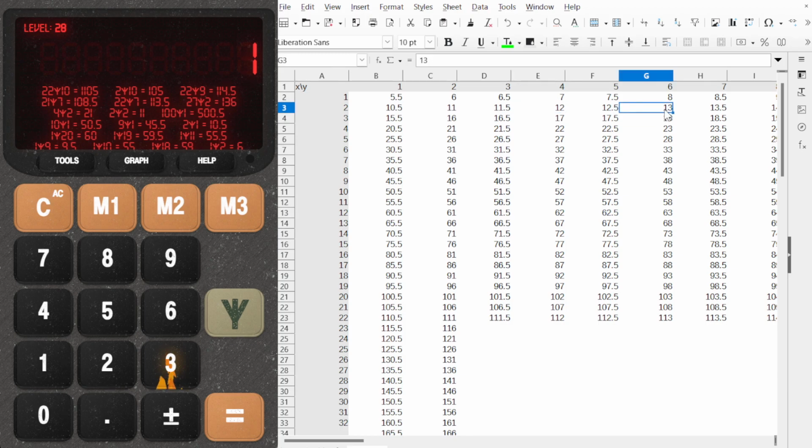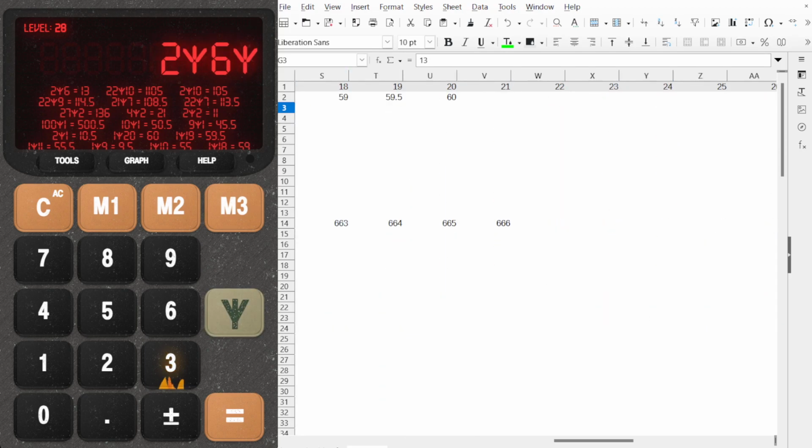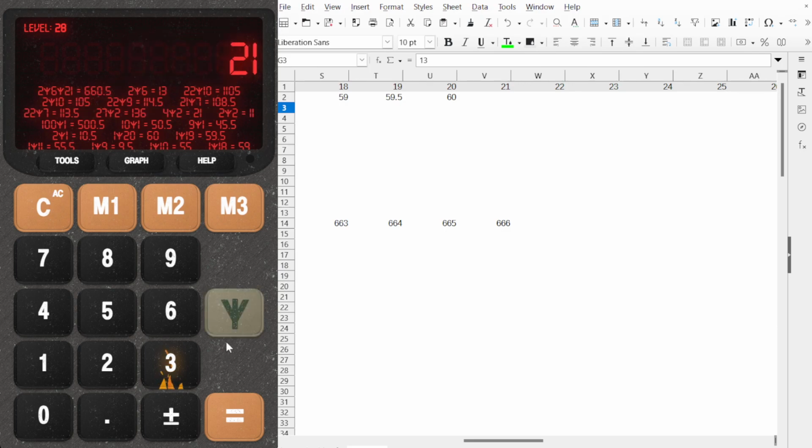I'm going to do the following. I'm going to try and input 13 as a 2 and a 6. 2, 6 is a 13. Okay, 2, 6, and 21. I made it, okay. 21, 2, 6.